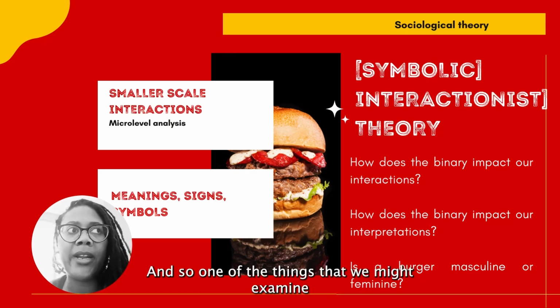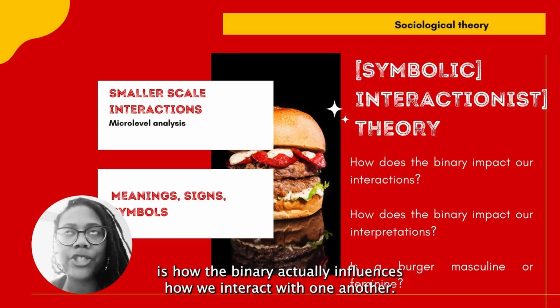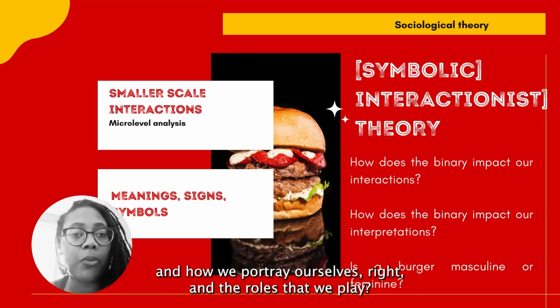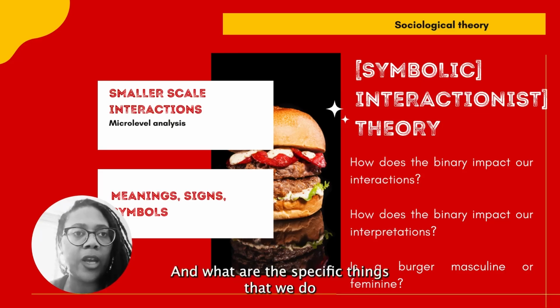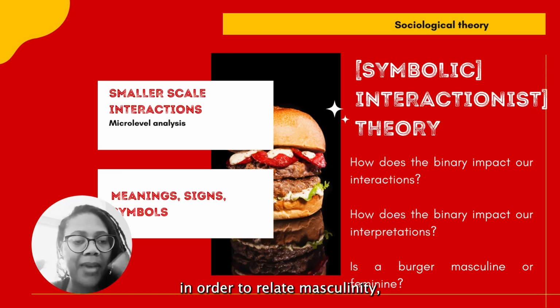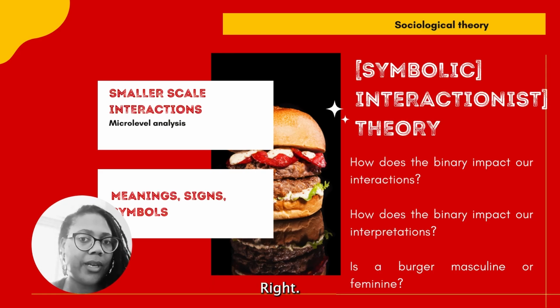And so one of the things that we might examine is how the binary actually influences how we interact with one another, right? What does it mean to be masculine and feminine in our interactions and in our behaviors and how we portray ourselves, and the roles that we play? And what are the specific things that we do in order to relay masculinity, femininity to others?